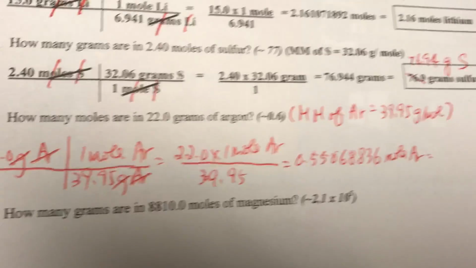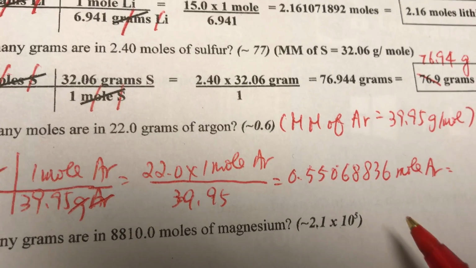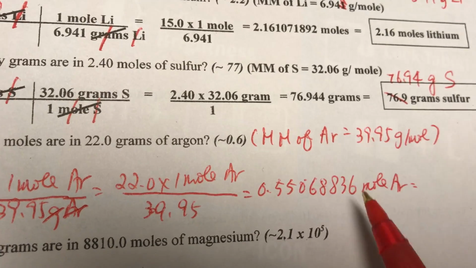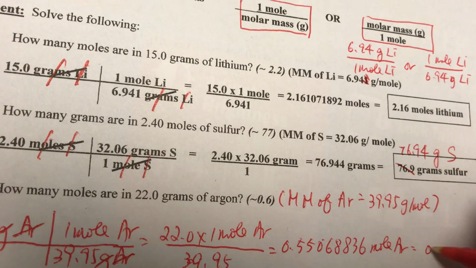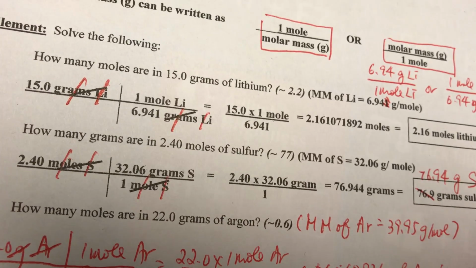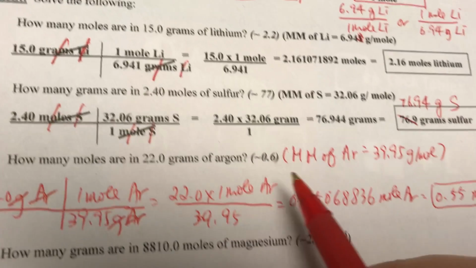Again, this number's exponent is not bigger than 3 or less than -3, so I can just leave it, but I need to round it to 2 places. So it will be 0.56 mole Ar. And my reference answer is 0.6, so it's pretty close.